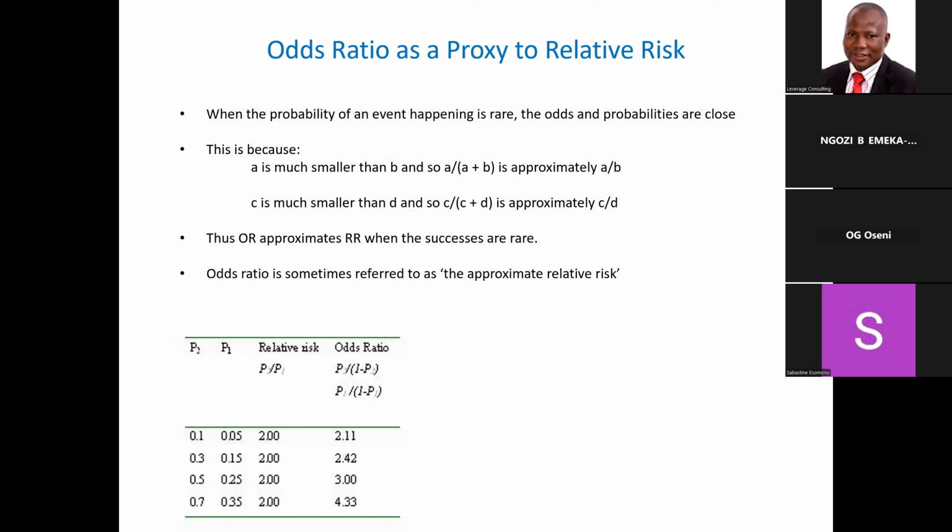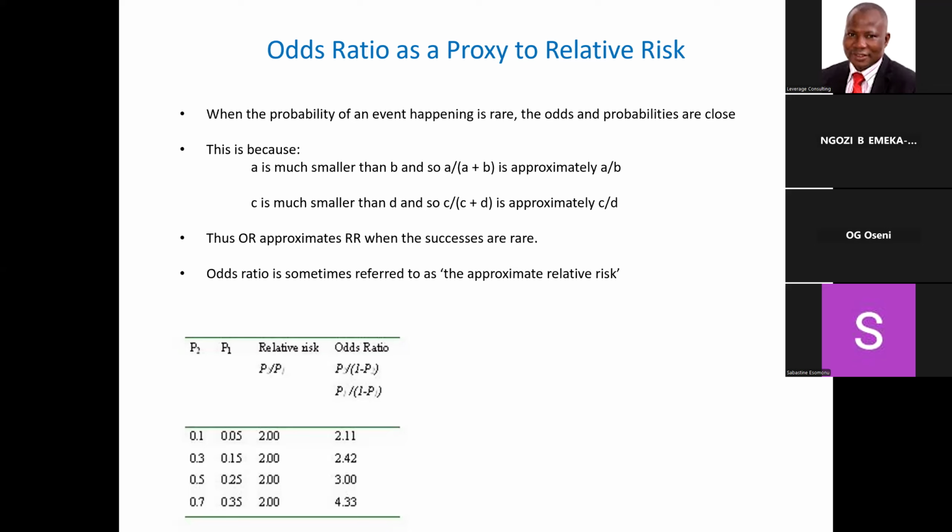So in that situation, relative risk and odds ratio become the same. So odds ratio approximates relative risk when the successes are rare. Successes here just means the prevalence. Odds ratio is sometimes referred to as approximate relative risk.